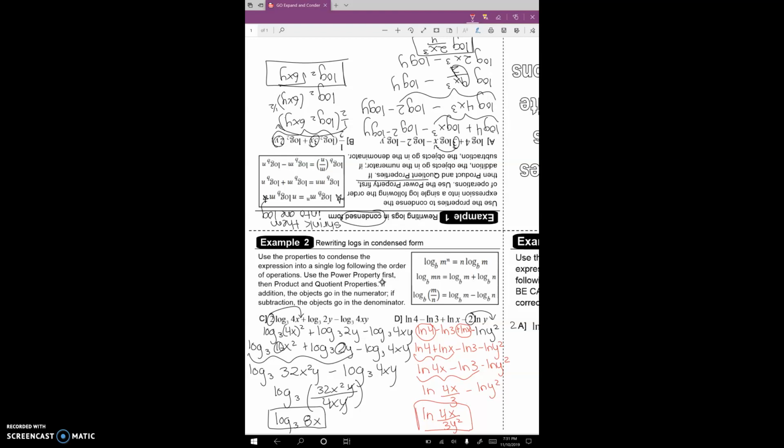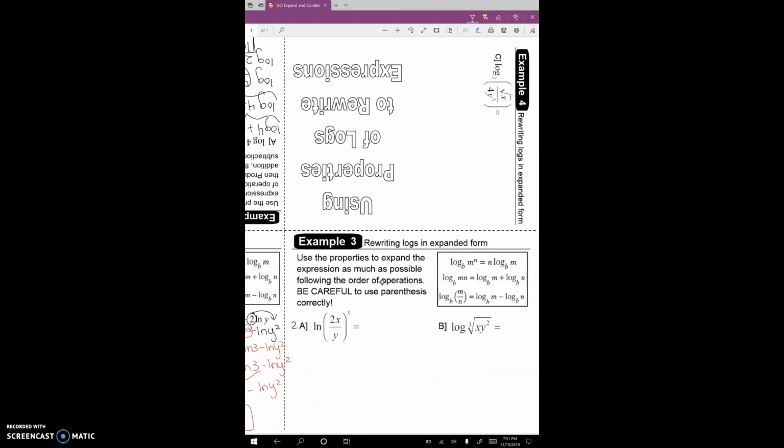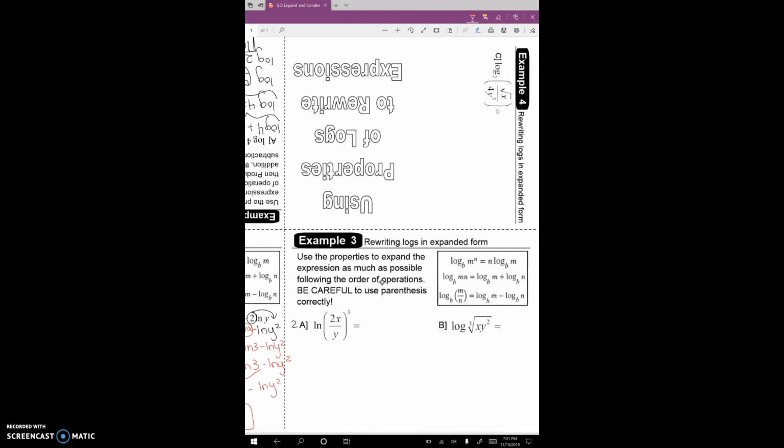Now that we've done shrinking them into one log, we are going to be doing the opposite. For example 3, you're going to be expanding them. Something important here, be careful to use parentheses correctly.